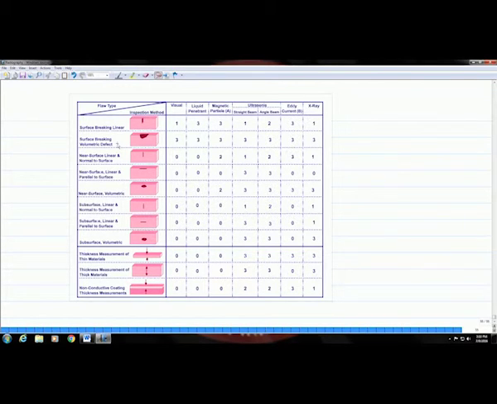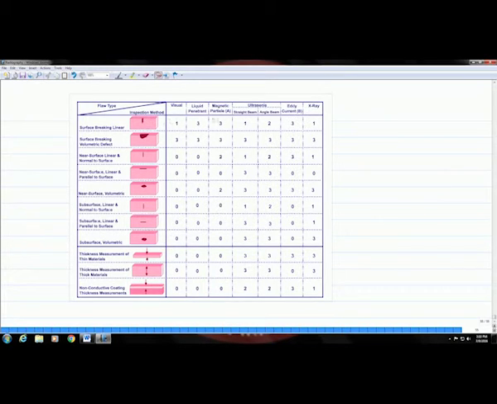So, both are important in terms of their detectability. And here on these columns you could see all the NDT methods are mentioned, and on these rows you can see some numbers are there. Okay. So, these numbers indicate the suitability of a particular method for a given type of defect.